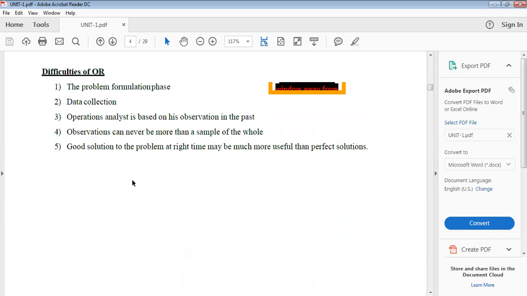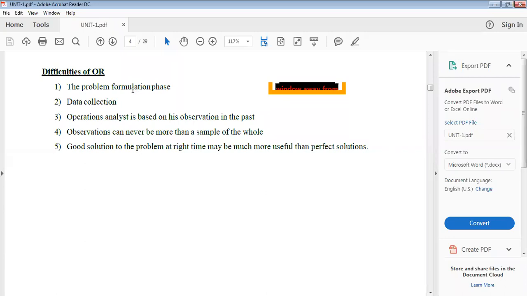Difficulties of OR: the problem formulation phase and data collection. Problem formulation means, first of all, you have to observe the phenomena of the particular factory. You have to identify the areas, maximization, minimization, number of products, number of components, number of machines, all those things.